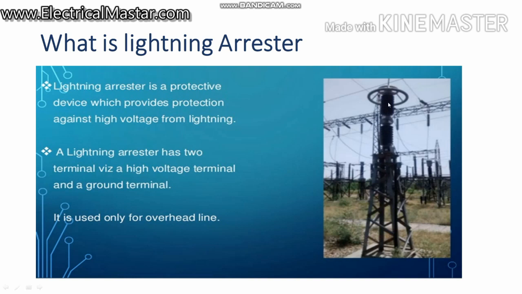We are protecting it with the lightning arrestor, which has two terminals. One is the high voltage terminal, another is the ground terminal. It is only used for overhead lines, like high electrical towers, transmission towers and high voltage transmission lines.